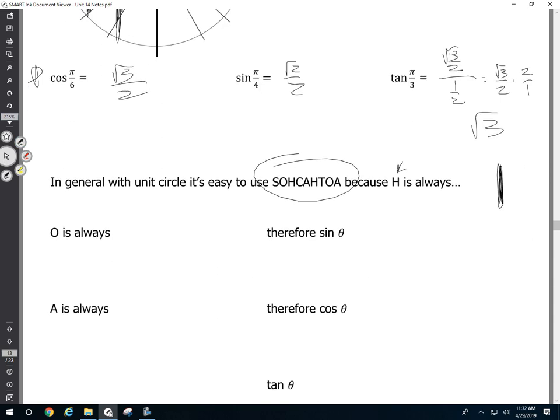So, O is always going to be opposite. O is always going to be the vertical distance, the vertical side length. Adjacent will always be the horizontal distance or the horizontal side.